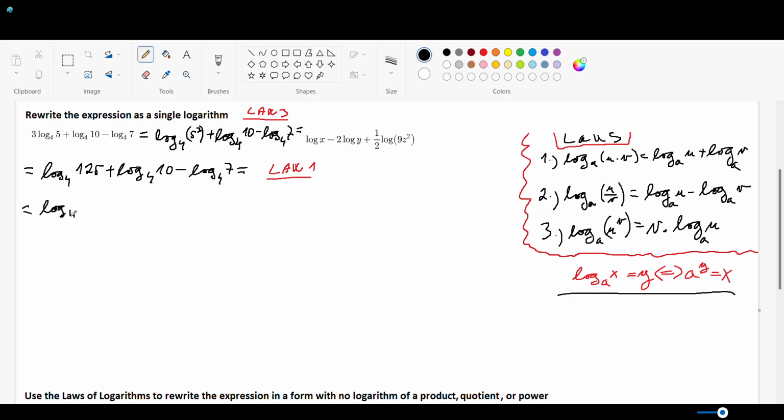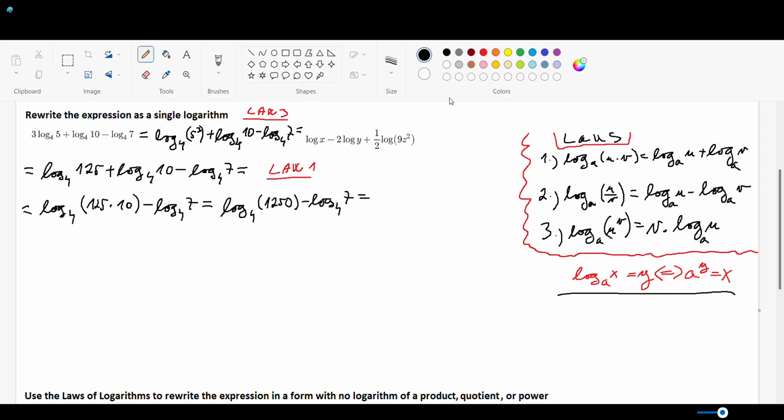So it's going to be logarithm base 4 of 125 times 10, take away logarithm base 4 of 7, equals, now we will do some simplification, which is going to be logarithm base 4 of 1250 take away logarithm base 4 of 7.